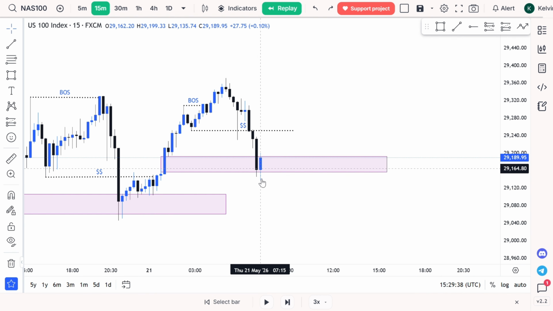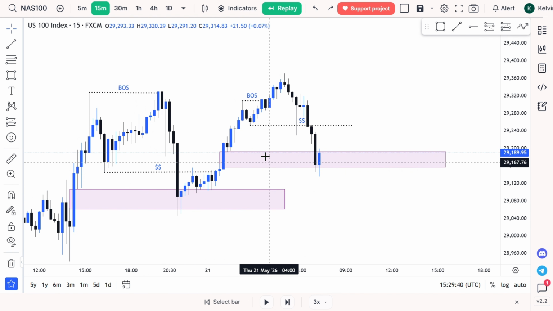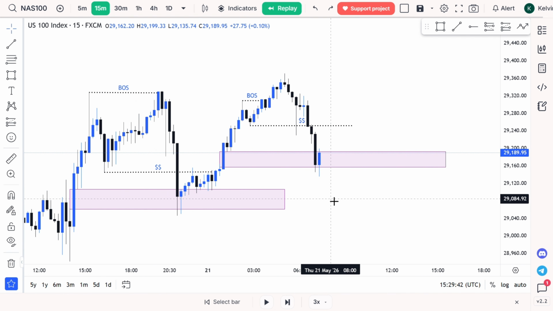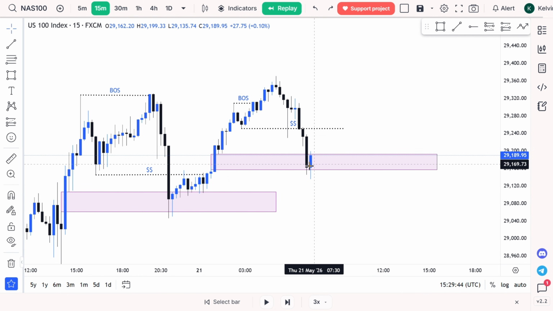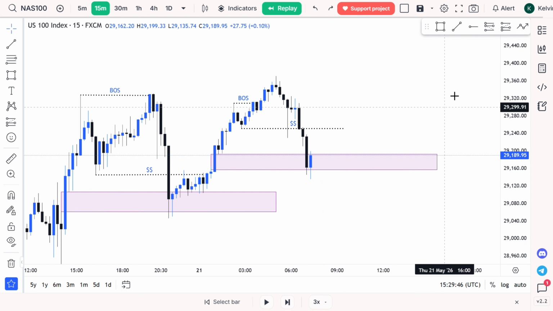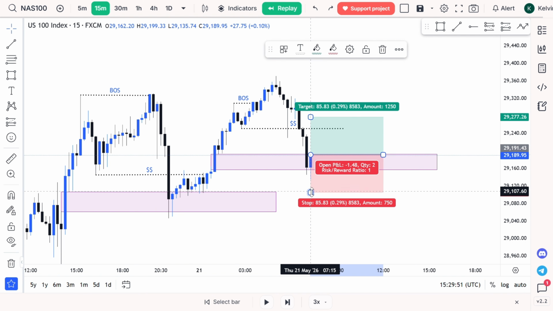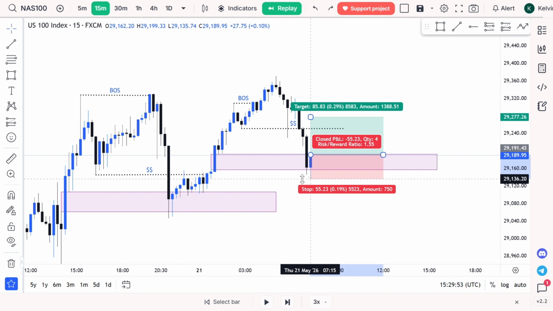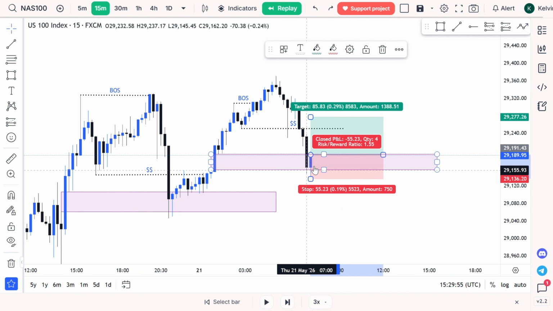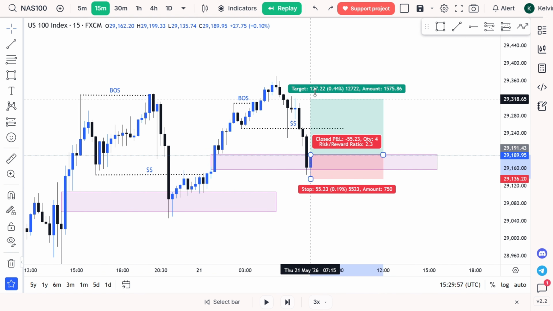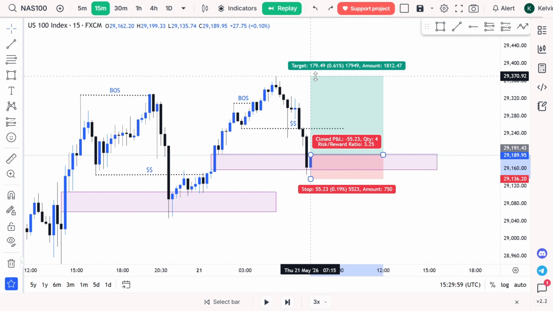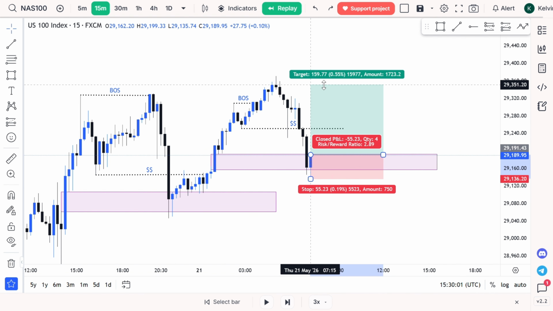So price comes down into this area, and then once the price cleared the fair value gap, we have this massive candle confirmation to the upside. So you take your trade from that fair value gap again, from that point, stop loss below that area, below the candle that was formed, the bullish candle, and then you target that external high, or you can target 1:3 risk to reward ratio.